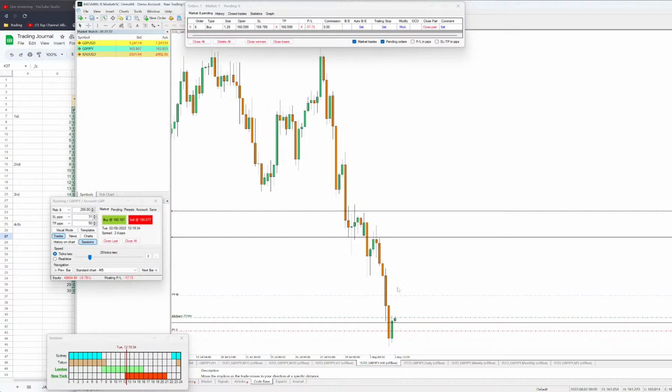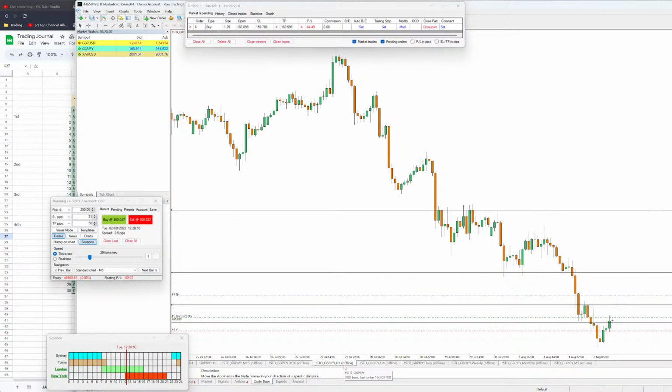Look at all these sells, entering buys here is super high risk, so it doesn't make any sense. Especially the 4-hour needs to form a wick. But anyway, I'm happy with this position.